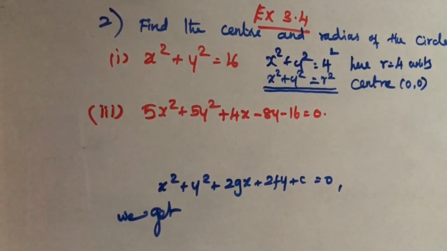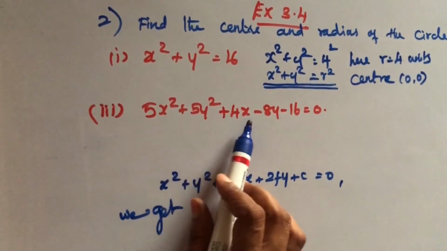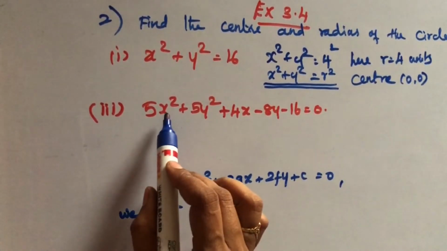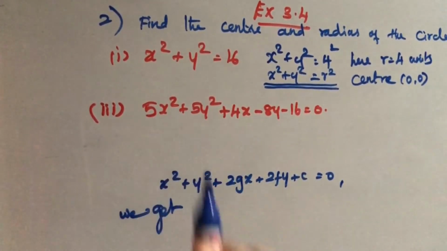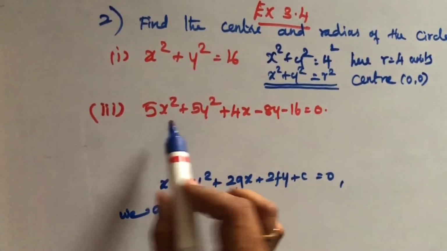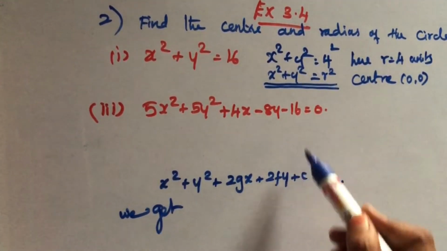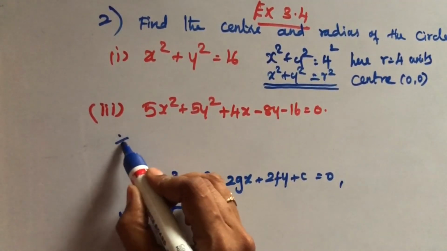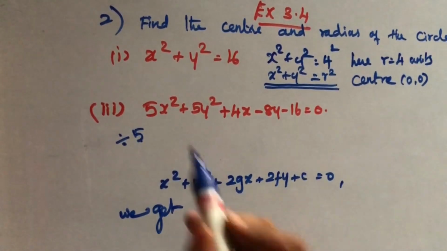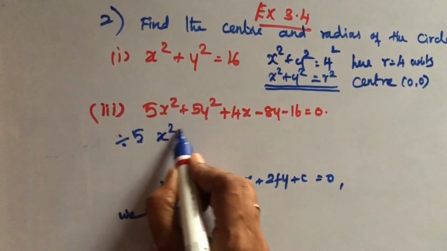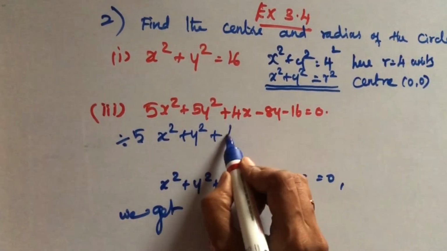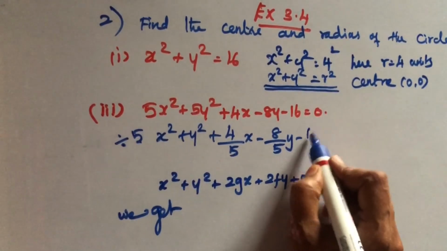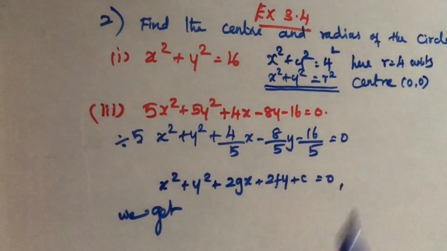Third one, 5x square plus 5y square plus 4x minus 8y minus 16 is equal to 0. Here for x square and y square we have 5 as the coefficient. If there is no coefficient, then we can compare the equation directly. But here the coefficient is 5, so we have to divide the whole equation by 5. While dividing by 5, we get x square plus y square plus 4 by 5 x minus 8 by 5 y minus 16 divided by 5 is equal to 0.